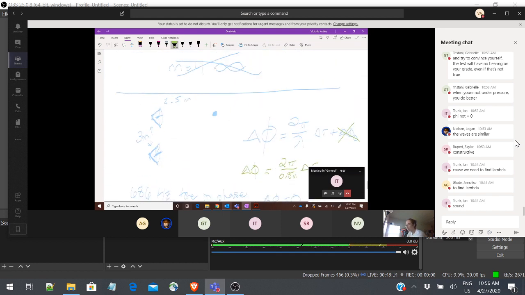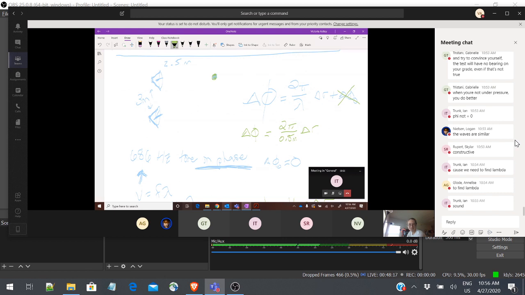So at this specific location, what's going on? Well, we have R1 is 2.5. R2 is the square root of 3 squared plus 2.5 squared, which is 3.9 meters.